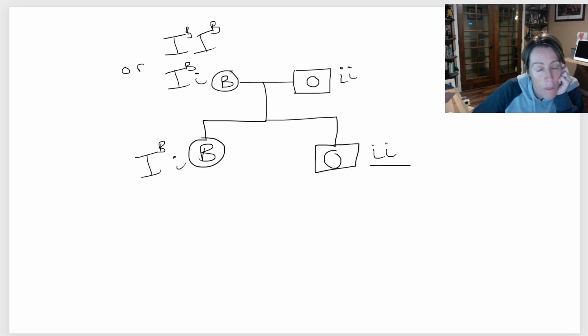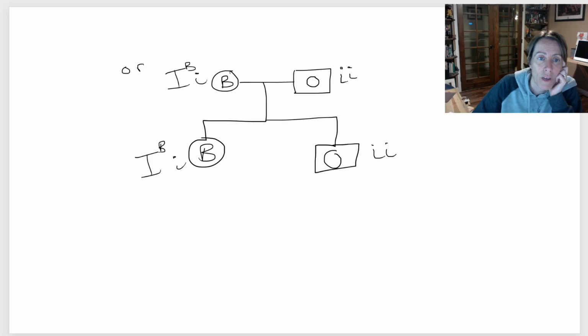He got one from one parent and one from the other parent. Well, we know he must have got a little i from my dad because my dad only has little i's, so that makes sense. But he must have got his other little i from his mom. So that means mom must have had a little i to give him, so she can't be this. So we can get rid of this, and we know for sure she's that.